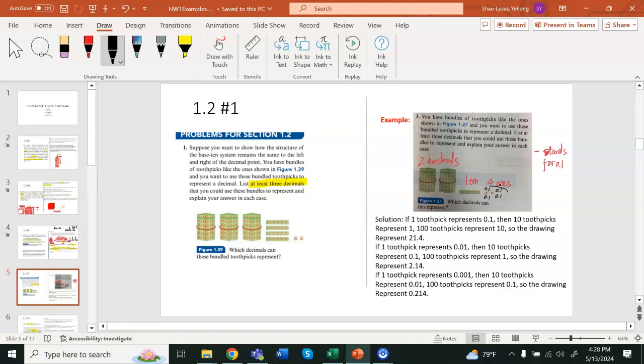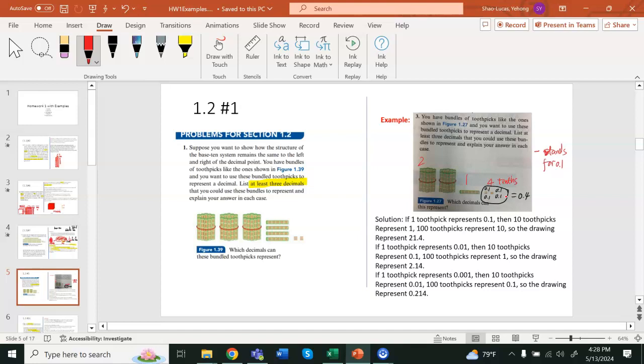Adding together, you get 0.4. Each toothpick represents 1/10, so you have 4/10, which is 0.4.